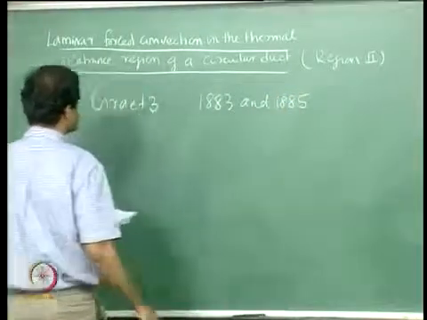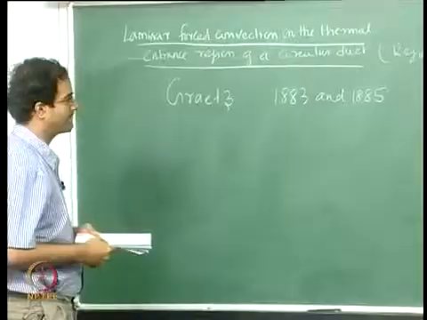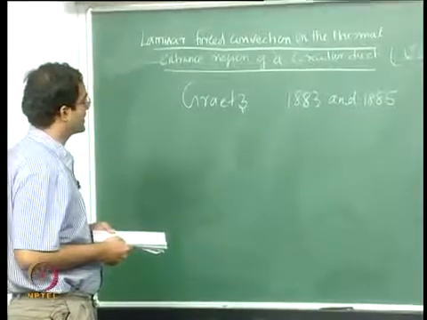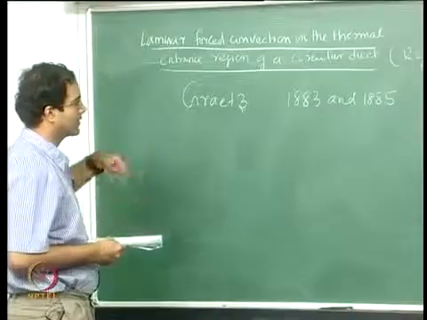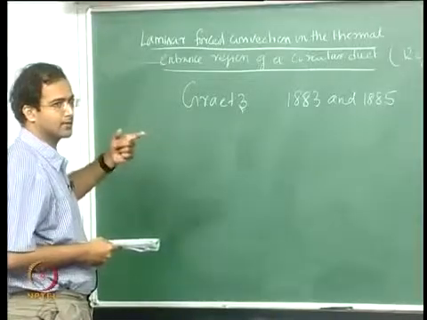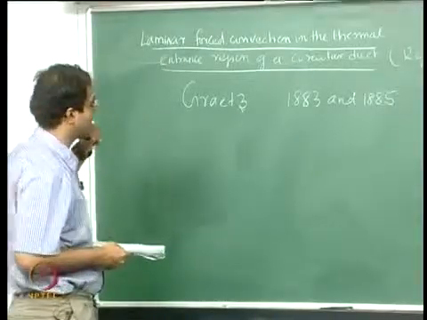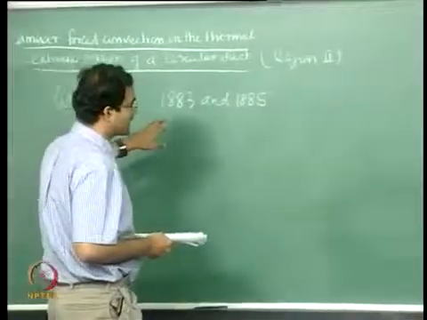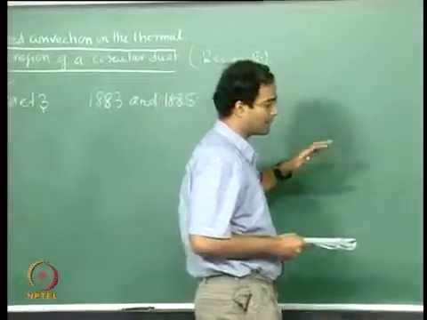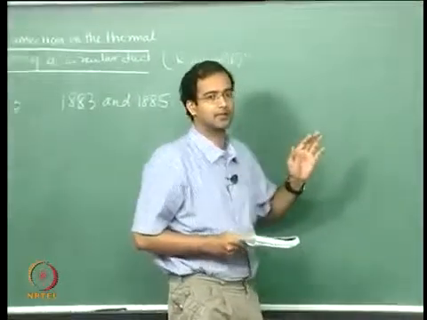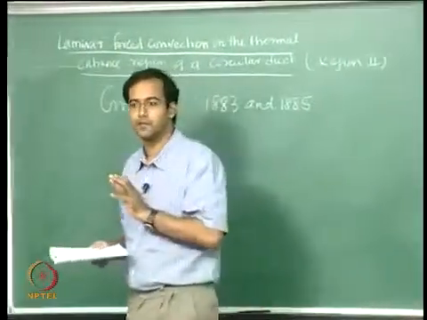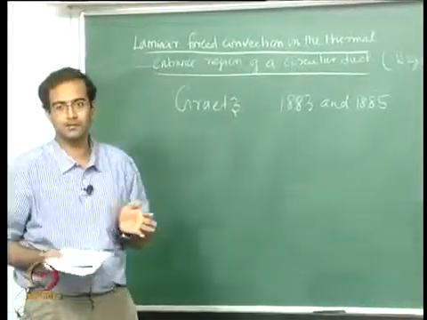In fact some of his papers are still available, but you have to go to a library and get the corresponding journal. Whatever Graetz did, he did it for only one case, for a very simplistic assumption that your velocity is completely uniform, that is a slug flow or plug flow case, okay.